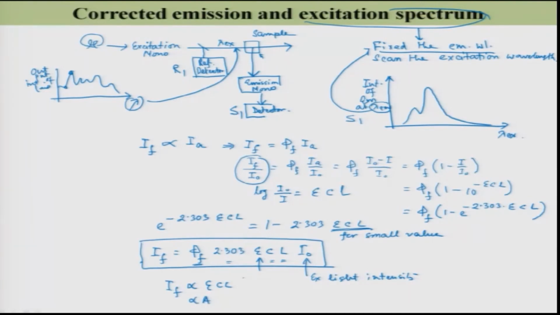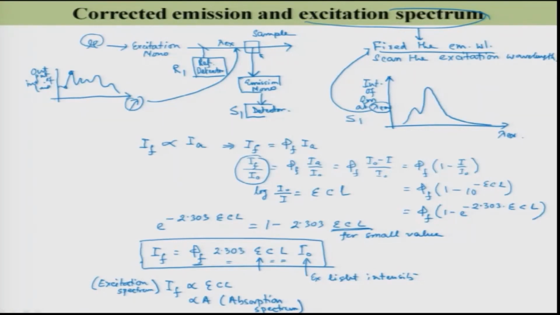So it is proportional to A, and that means this is my excitation spectrum. What you are going to plot is IF. The excitation spectrum is proportional to A. So, the excitation spectrum is the same as the absorption spectrum.